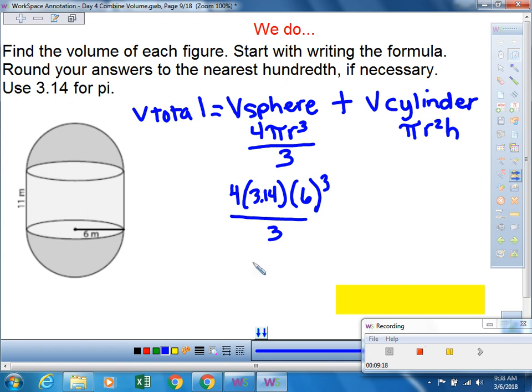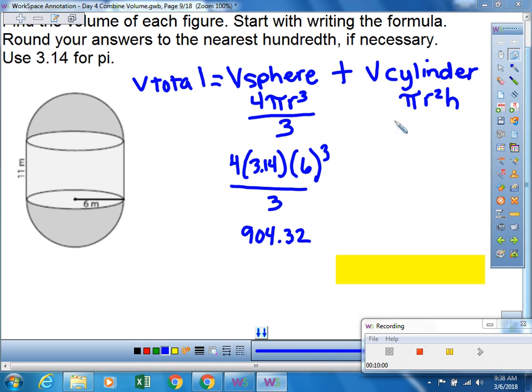So what did you get? 904.32? Does anybody agree? Yes. Okay. Now let's do this one, the cylinder. 3.14 times 6 squared times what's my height? 11.